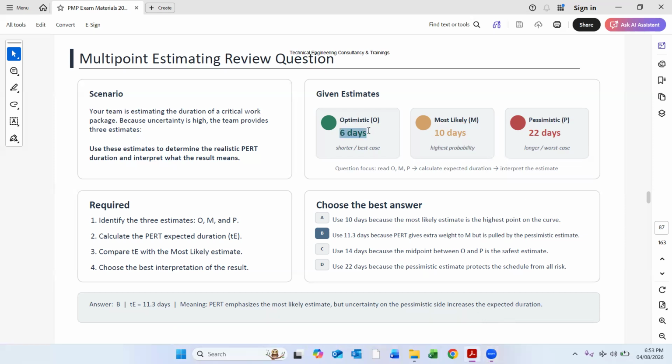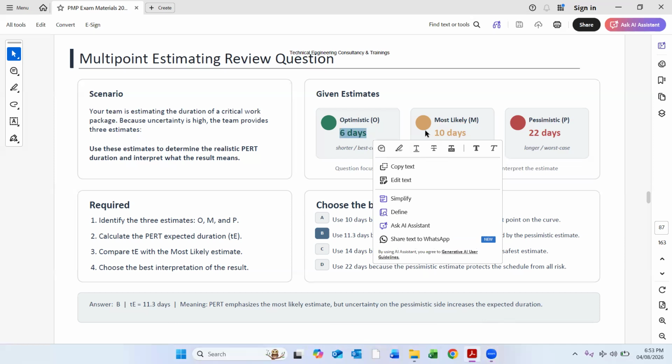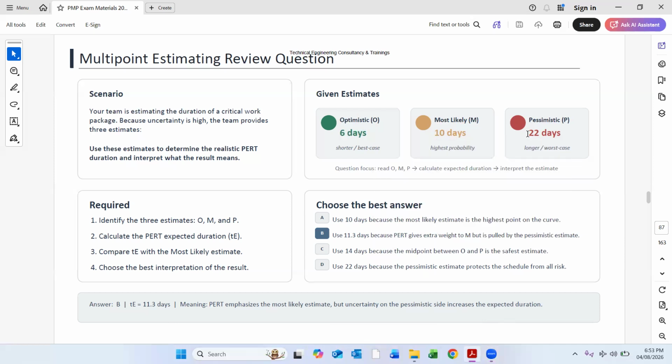Given estimates are 6 days optimistic, 10 days most likely, and 22 days pessimistic. The longer one is the worst case, and this 6 days is shorter, the best case. So here, first they are asking to identify the 3 estimates: optimistic, most likely, and pessimistic.